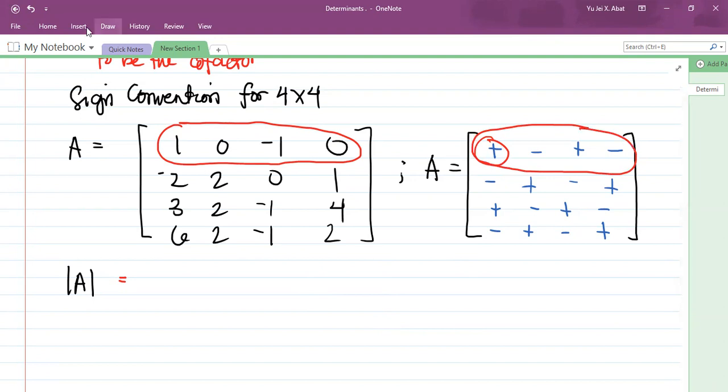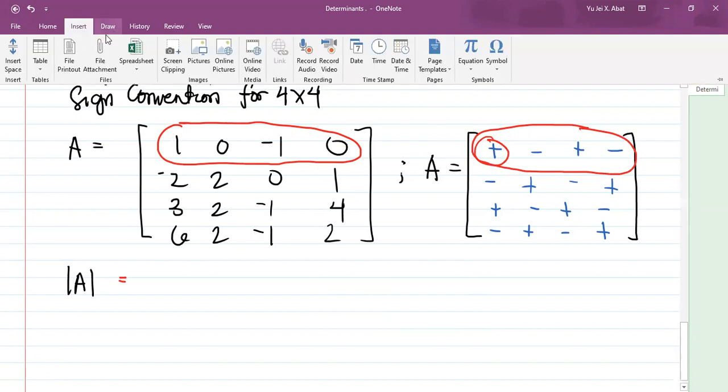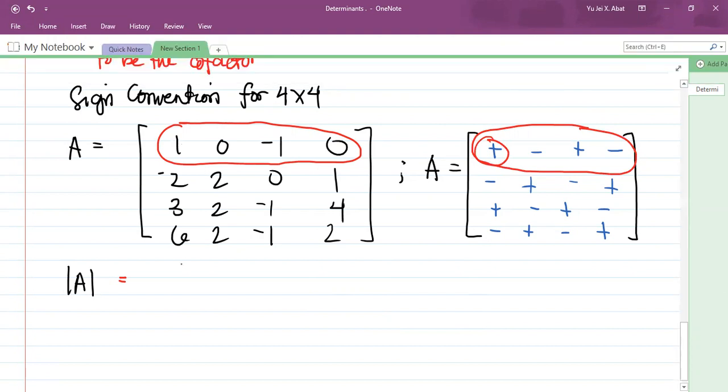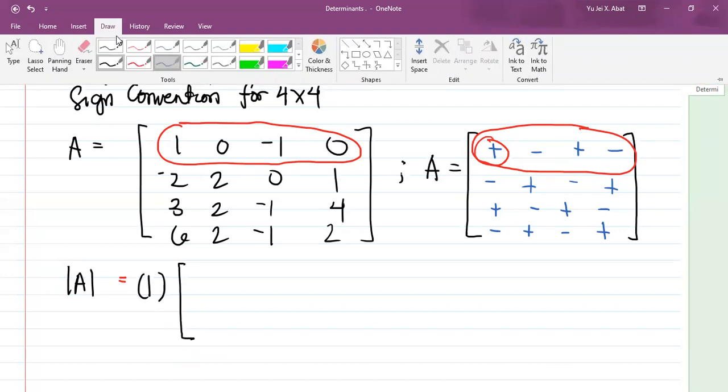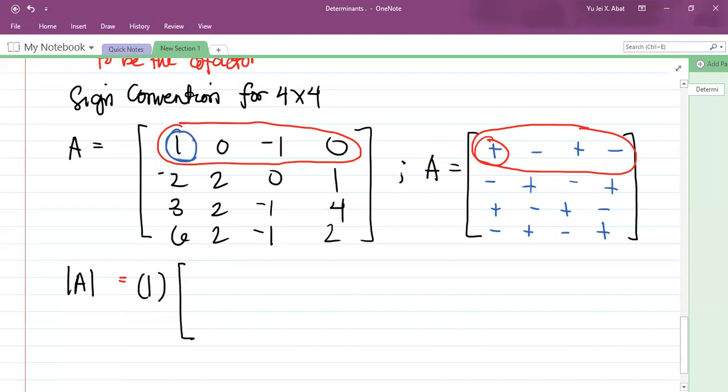So, pinili ko yung una. So, magkakaroon ako ng 1 times the determinant ng maiiwan. So, kung ito yung aking piniling cofactor, yung buong ito ay canceled at yung buong row na to canceled. Ano yung naiwan na matrix?